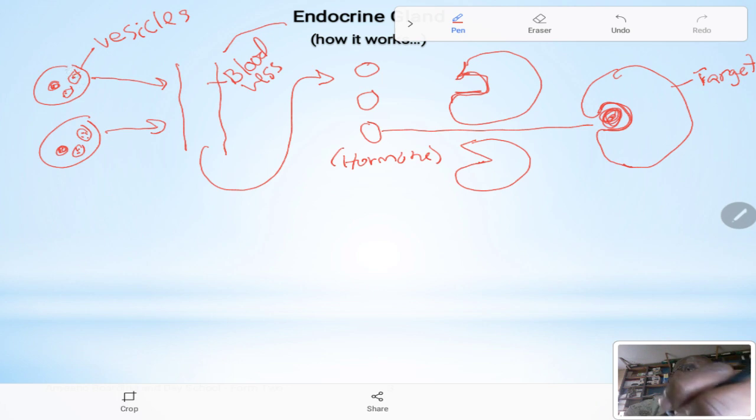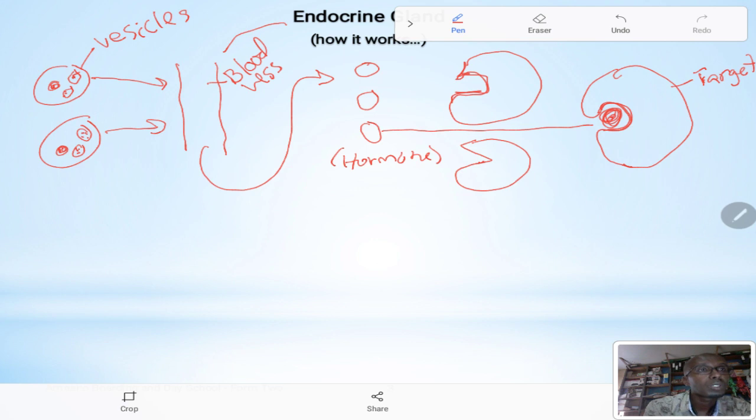The products accumulate in the vesicle, and at the appropriate time the vesicle releases the product directly into the bloodstream. From here, the product, which is the hormone, systematically goes through the blood.